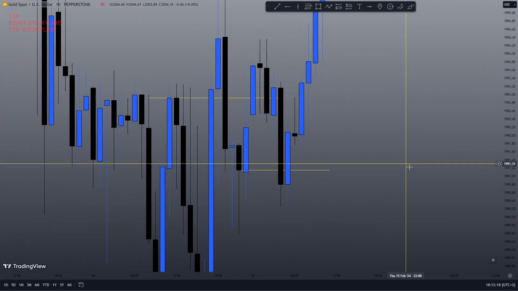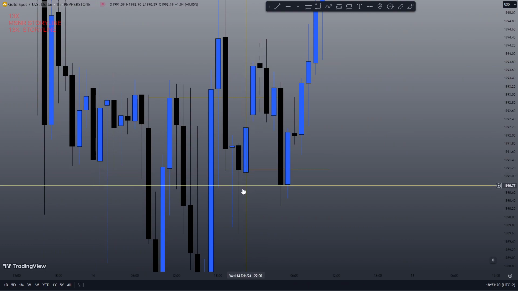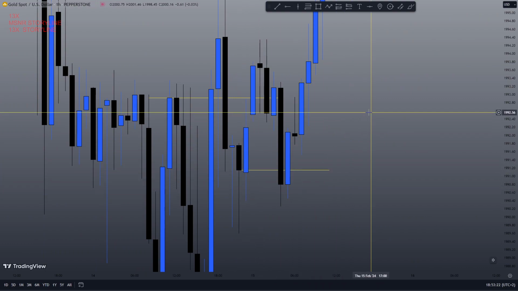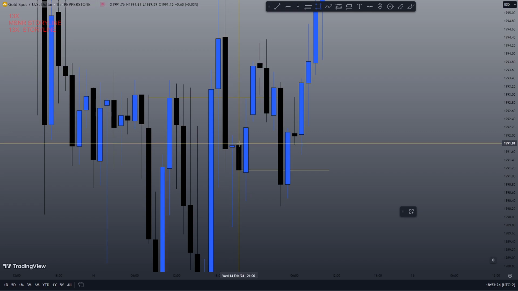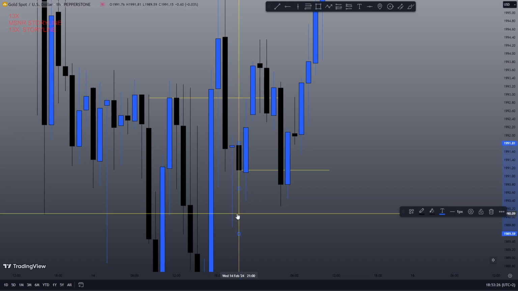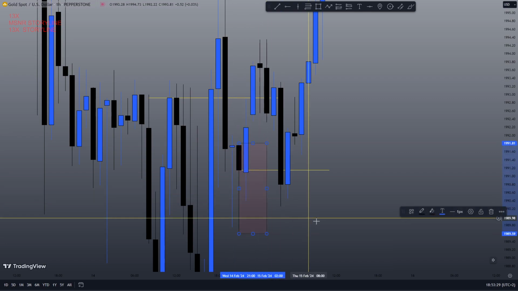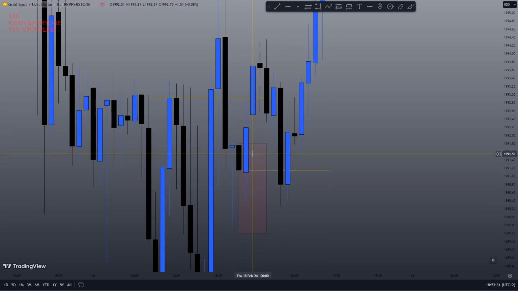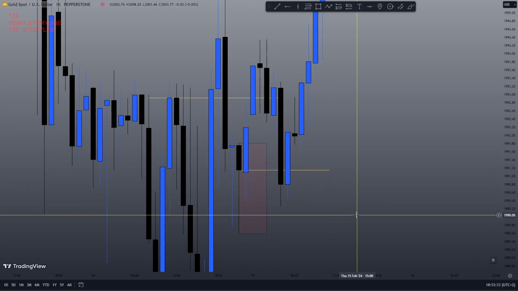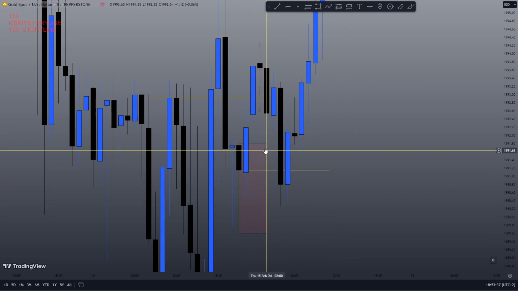On H1 is also a classic, so there is no entry here, but we have H1 engulfing. This is our H1 engulfing. Let's go deeper on the lower time frame to see what we do have here in this range.